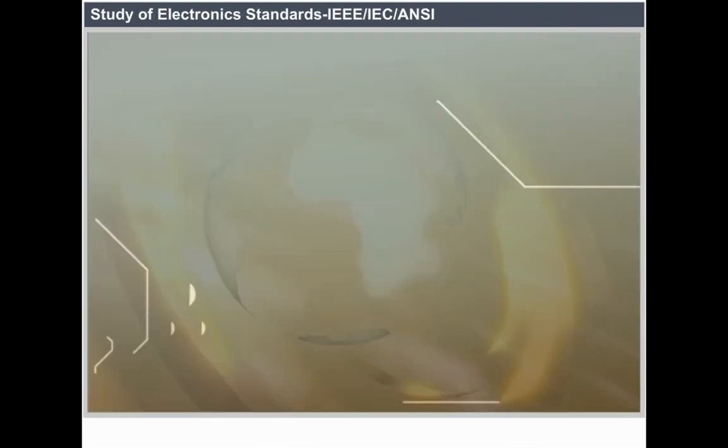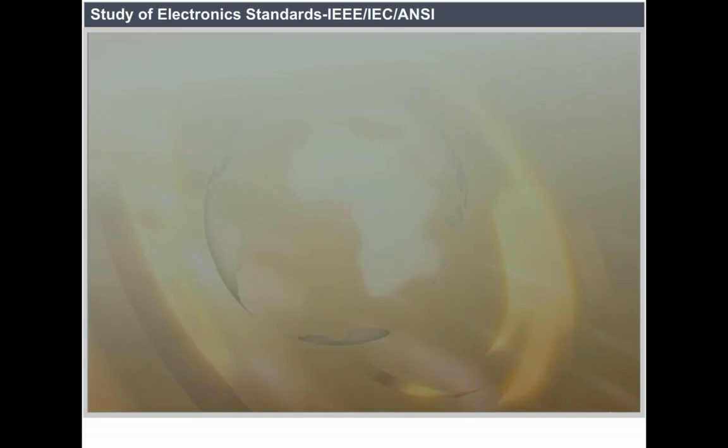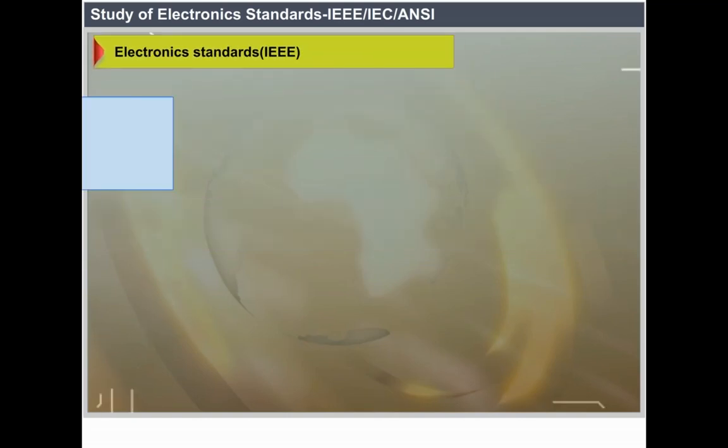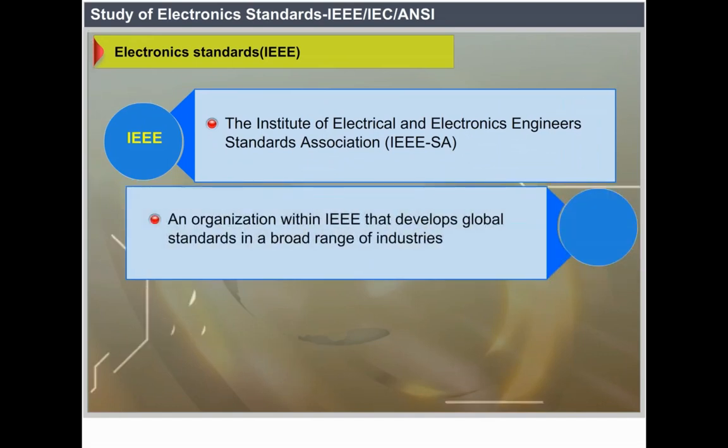Study of electronic standards: IEEE, IEC, ANSI. Electronic standards, IEEE. The Institute of Electrical and Electronics Engineers Standards Association, IEEE SA, is an organization within IEEE that develops global standards in a broad range of industries.